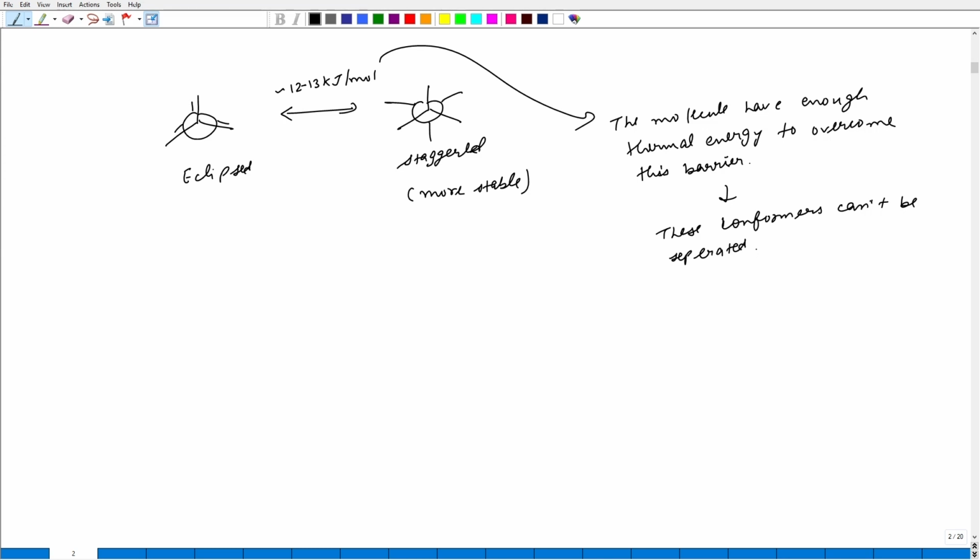So, this brings in the concept of torsional strain.